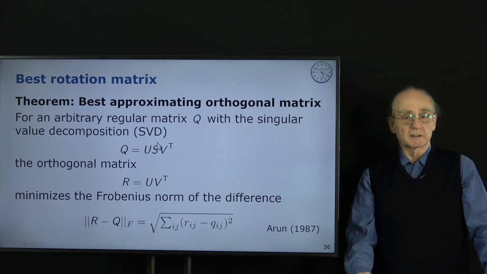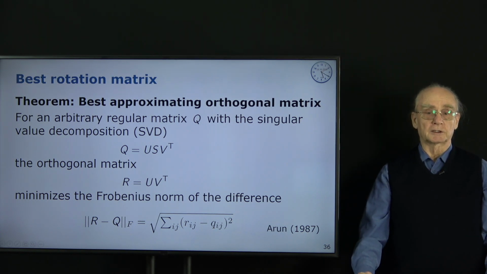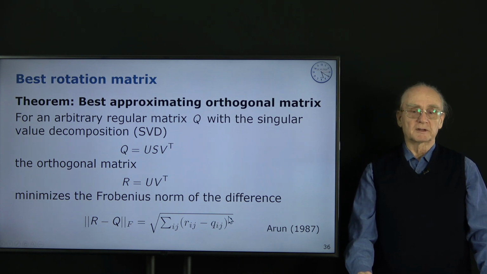And we just take this diagonal matrix out and get an orthogonal matrix R, which is the product of 2 orthogonal matrices. Now the nice property, which you can prove, is that R minus Q is smallest in the sense that if you take the sum of the squares of the differences, this is smallest. That means the Frobenius norm of the difference of R and Q is minimum. You can find the proof in the literature. The proof is a little bit lengthy, therefore I omit it at this place.